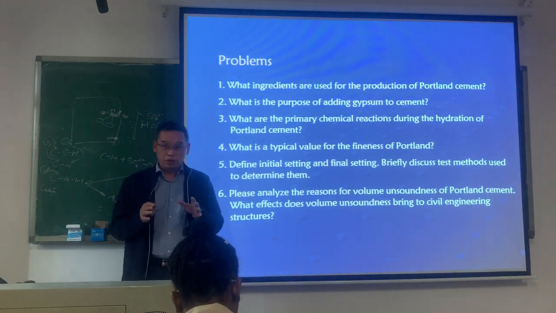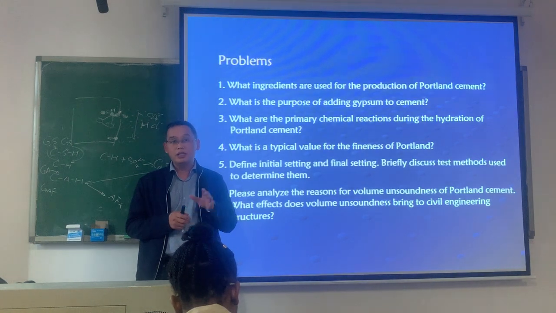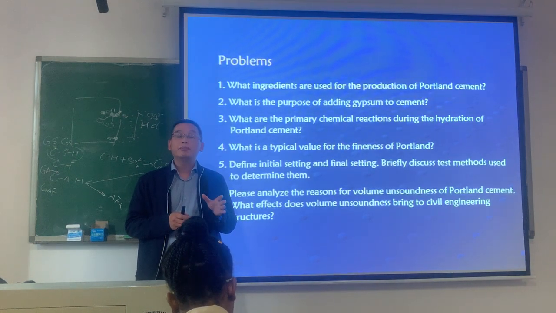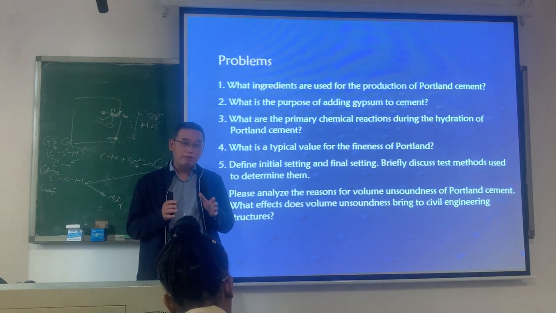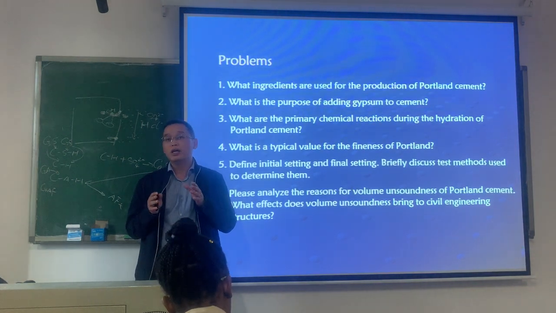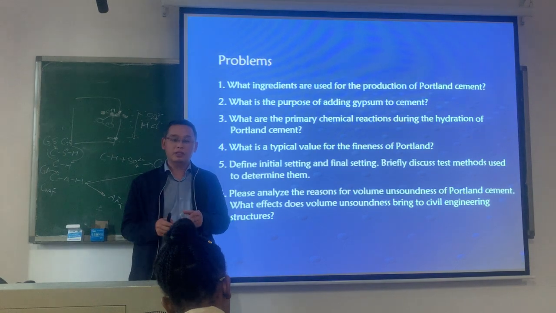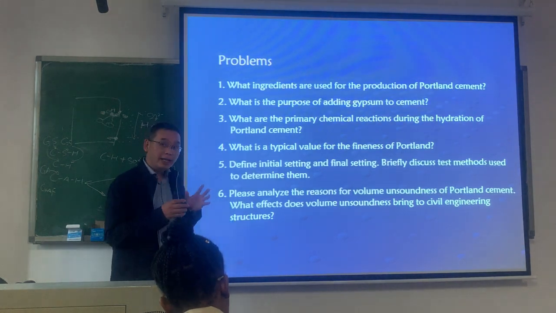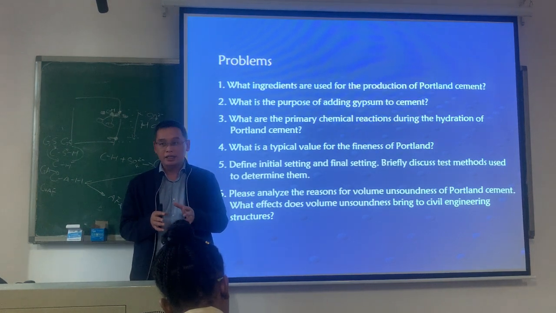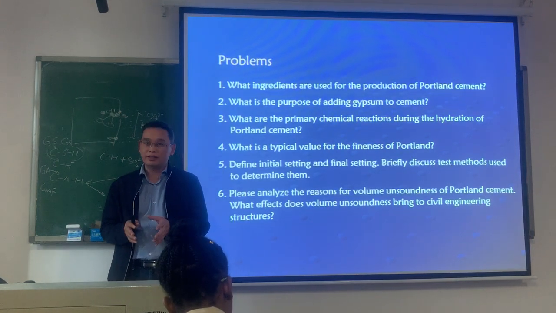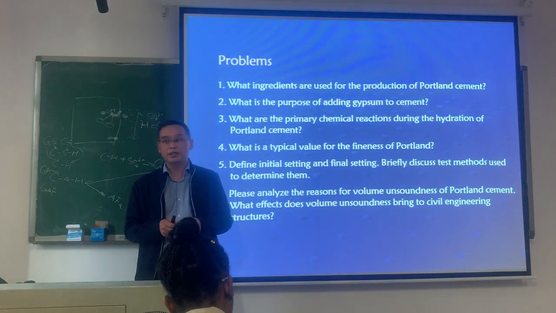So why do we need to choose these materials? Because the limestone can provide what? It can provide the calcium oxide for the cement. And the clay can provide the silicate and aluminate for the cement.